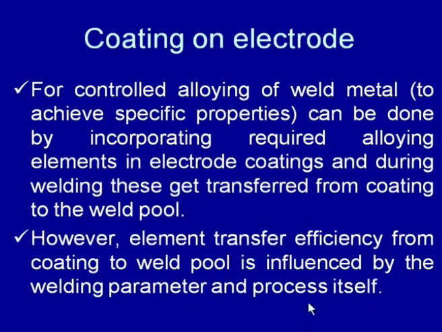The meaning of the welding process itself is how much protection is being provided to avoid the atmospheric contamination, how effective the shielding to the weld pool is, and what kind of welding parameters are being used, like what arc voltage and current.